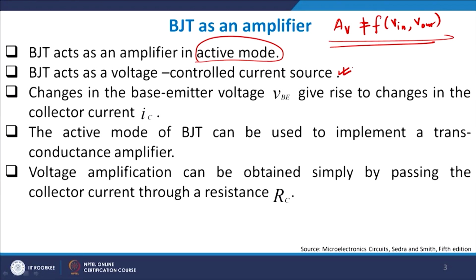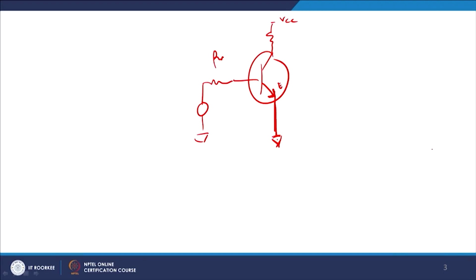Now, as we have seen, the BJT acts as a voltage controlled current source. If you remember, we have 4 types of sources.